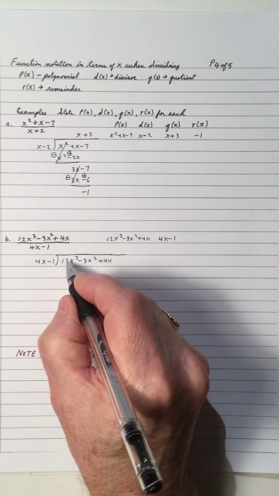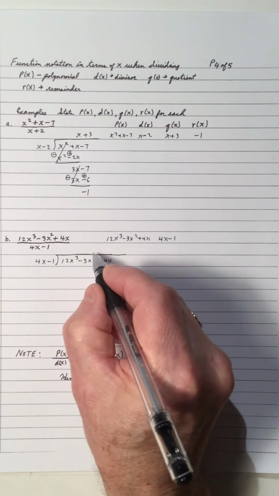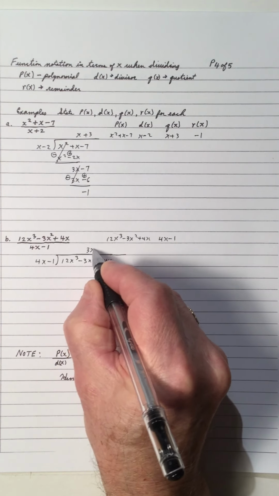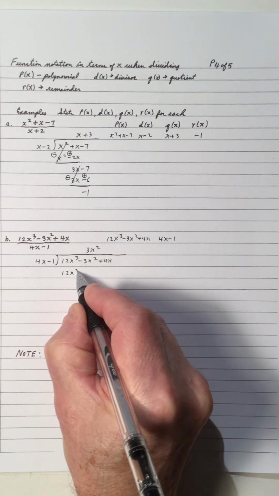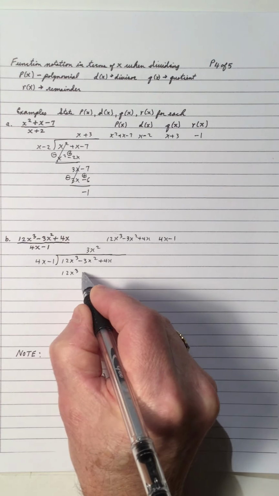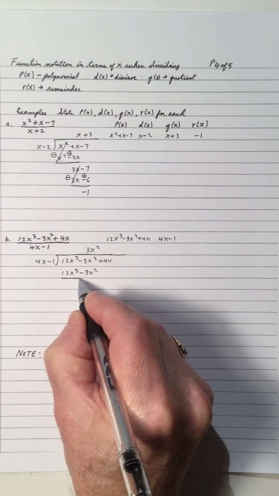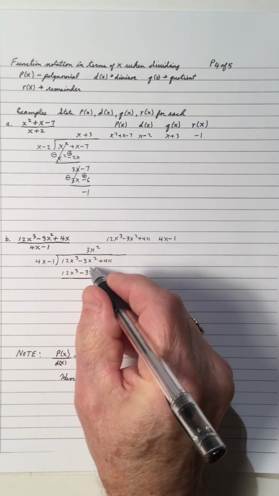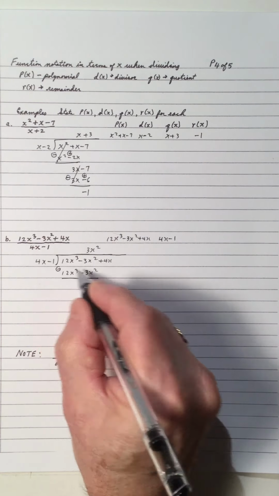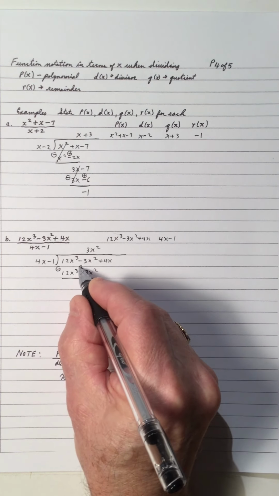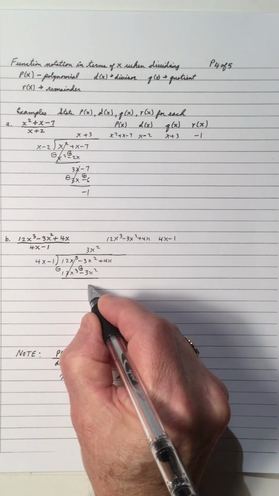So 4x divided into 12x cubed is 3x squared. Multiply back, we get a 12x cubed minus 3x squared. Change the sign. That plus is a minus. That minus is a plus. They cancel. So negative 3 plus 3 is 0.